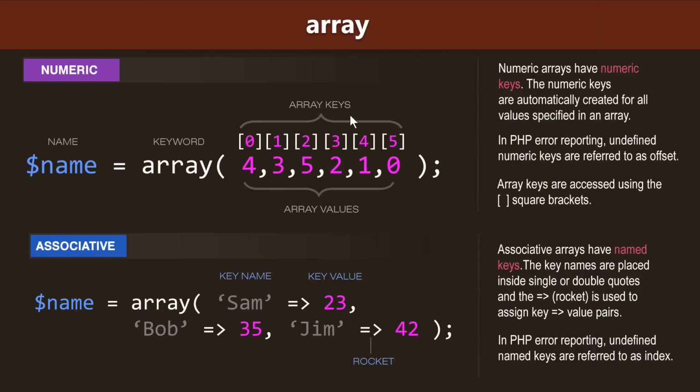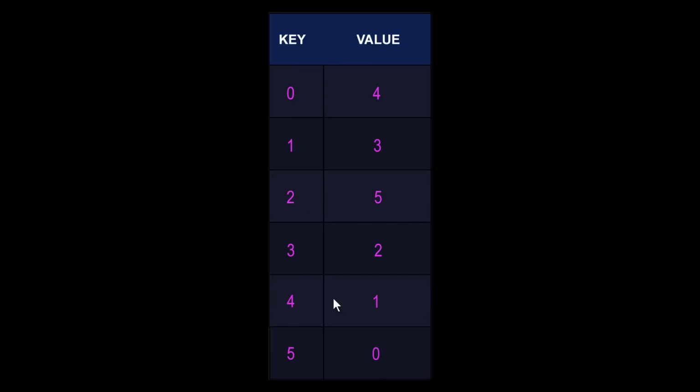Now the word numeric refers not to the values but to the array keys. Just to clarify, this is what that array in the example would look like. Whenever we create a numeric array like that, the keys are automatically created, and the key count starts with 0. You can think of keys as an identifier for all the values.